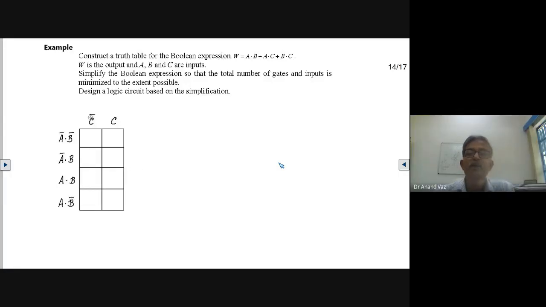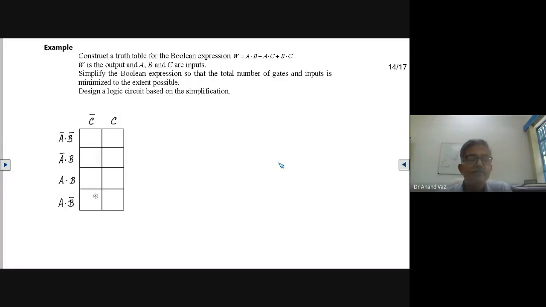Sorry. Now here you see first product here is W is equal to A and B. So we have A and B here, we have not C and we have C. What are we going to do? How are we going to realize this product A and B? Can you just tell me?